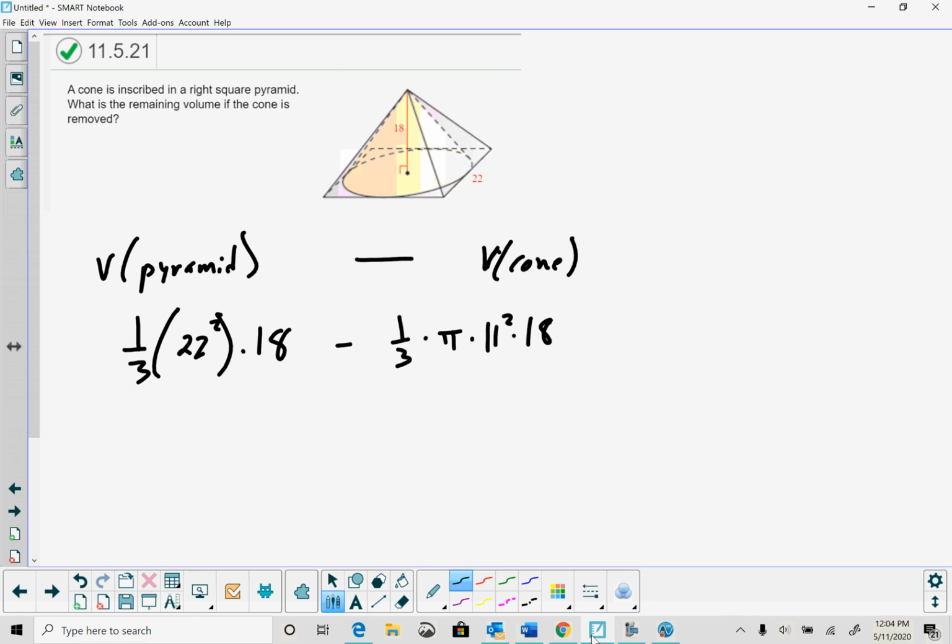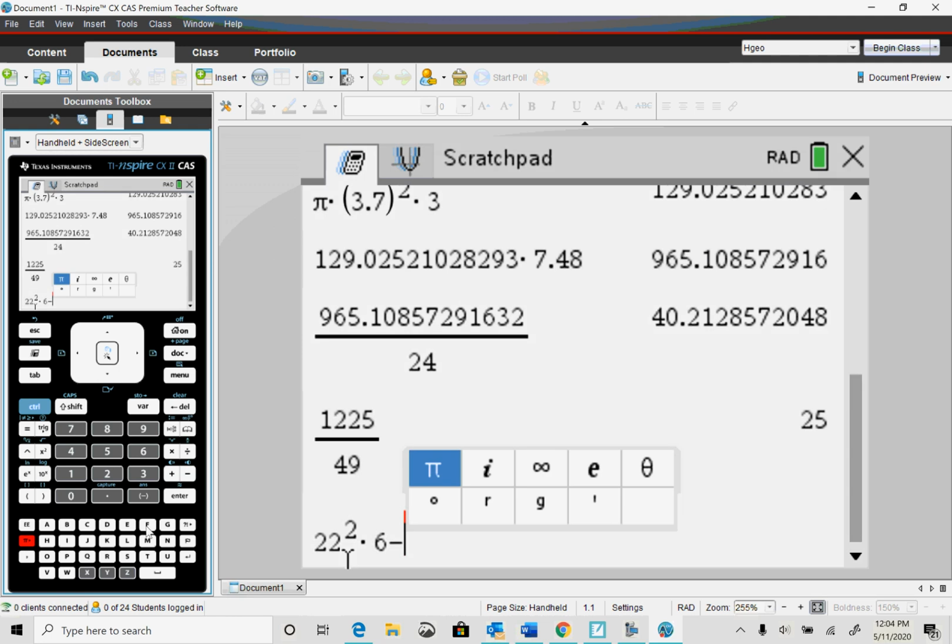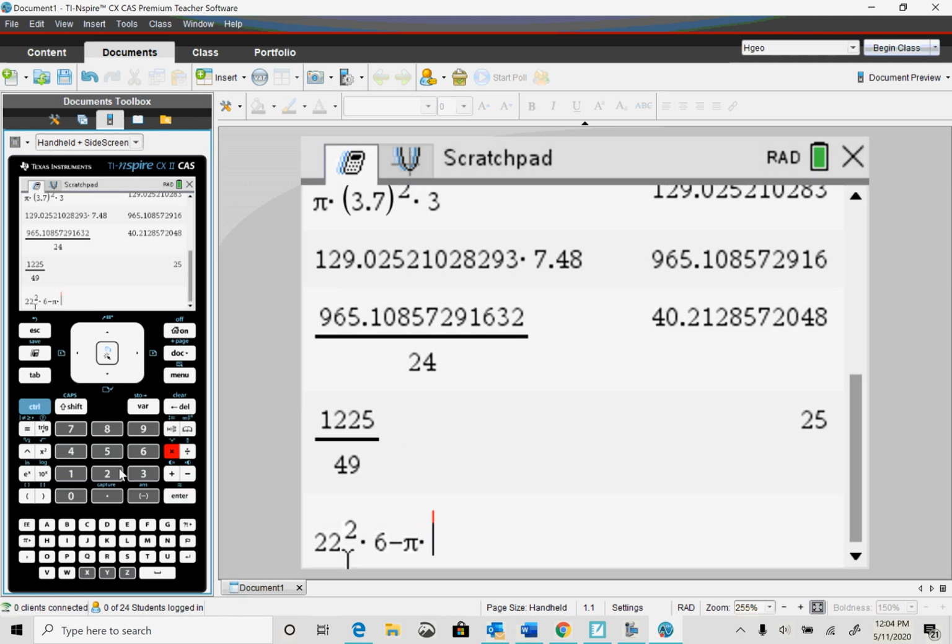So I need pi times, well, I know I don't need a calculator for this one. 11 squared is 121 times 6. So I get pi times 121 times 6. And again, with your Inspire calculators, it's going to follow order of operations there.